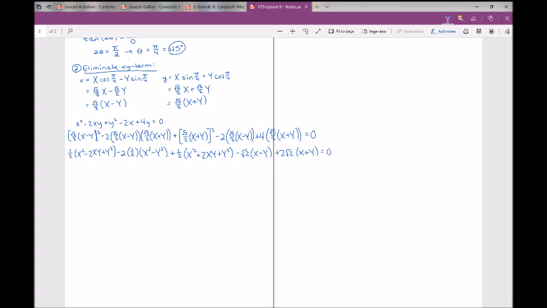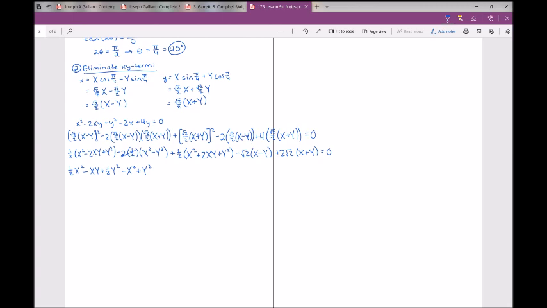Okay, so let's keep distributing here. So we have 1/2 x squared minus xy plus 1/2 y squared. The 2 and the 1/2 will cancel, so we just get minus x squared plus y squared.